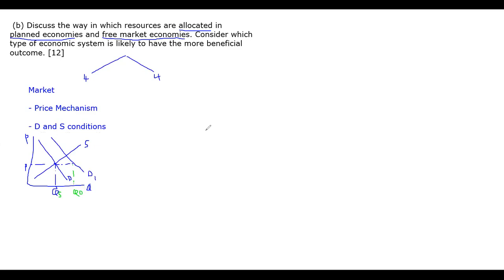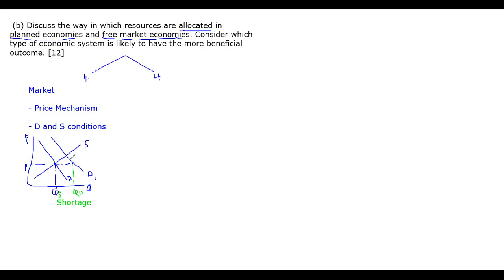So clearly this is a position of shortage because there's more quantity demanded than what producers are willing to supply. In order to correct that, the price mechanism and the rationing mechanism of price takes place, which is different from queuing and rationing, that is completely different.